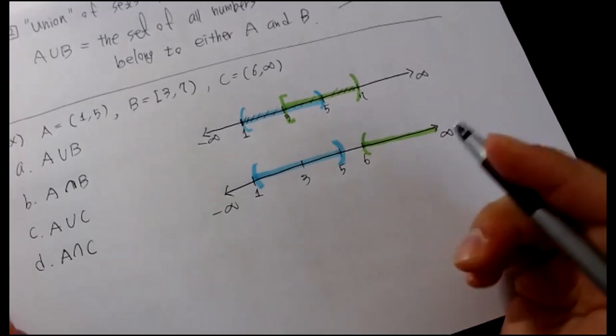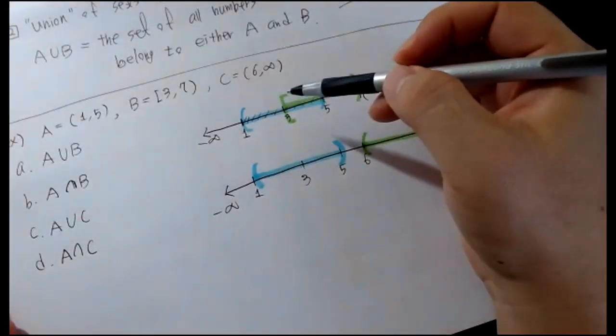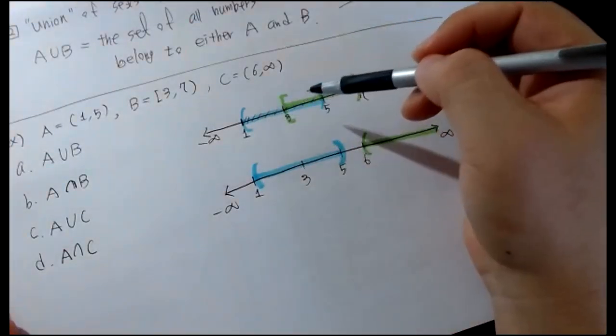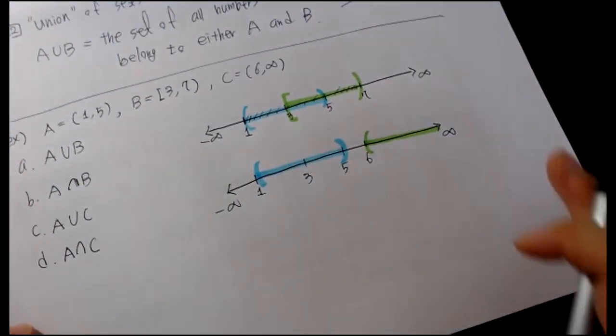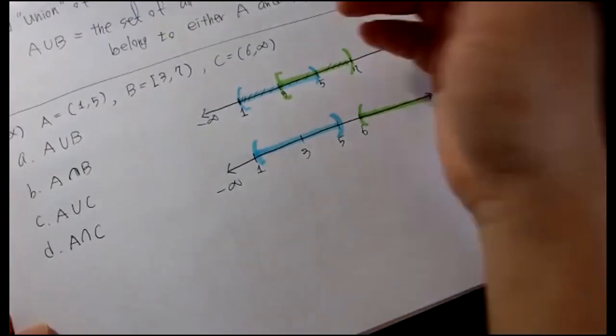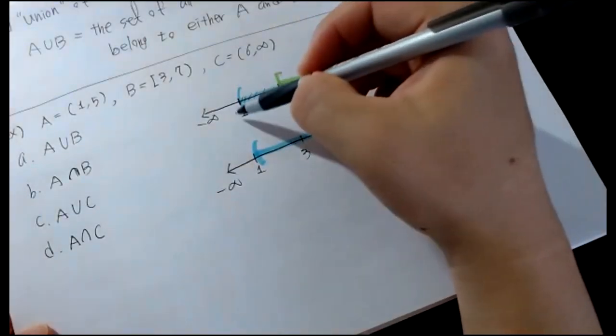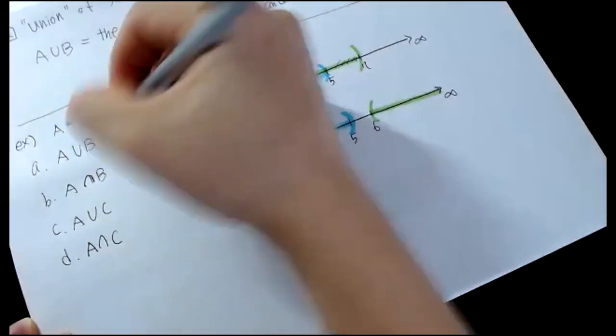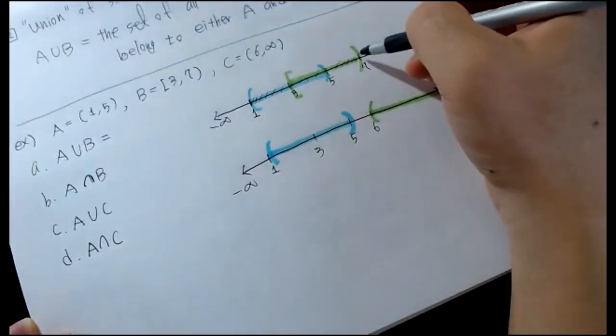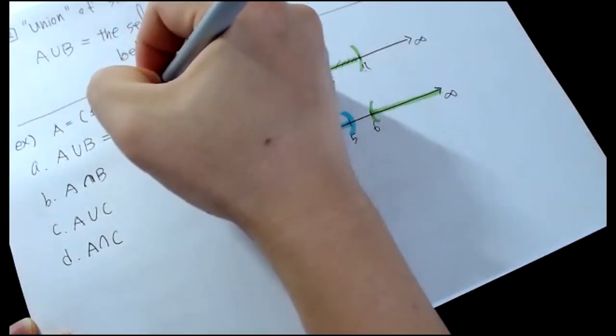Since the two intervals have a common part, all numbers between 1 and 7 will be the answer. So this is the open interval 1, 7.